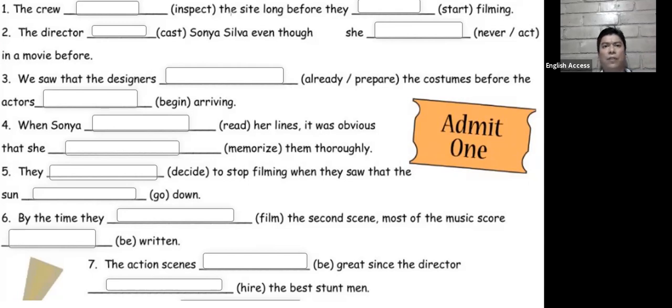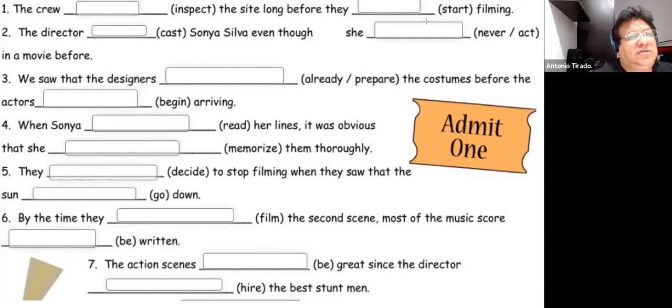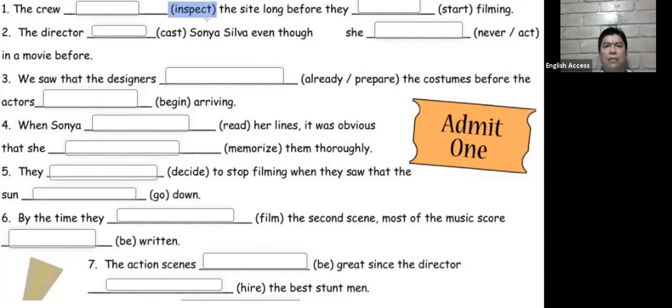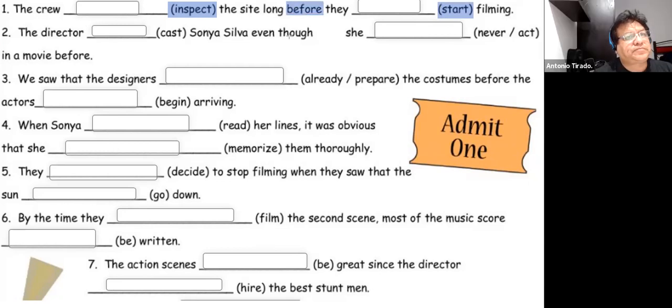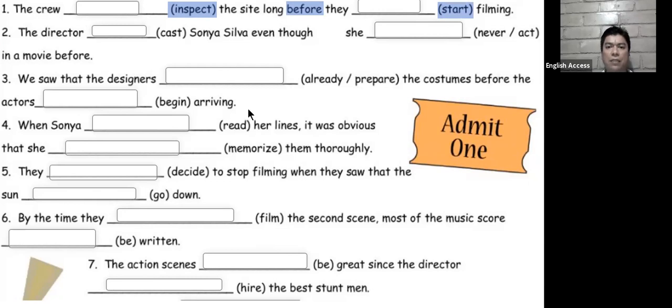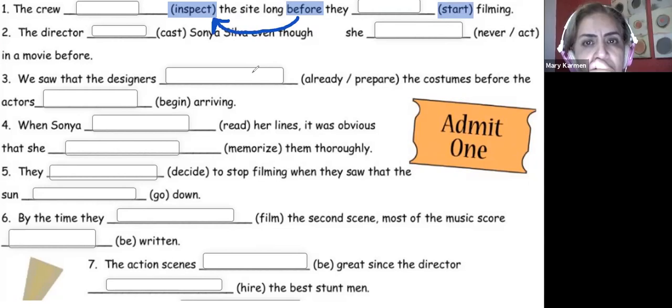The crew inspected the site before they started filming. What is the context telling me? Before. So that means that this is the older event. Right? And start is the new one.